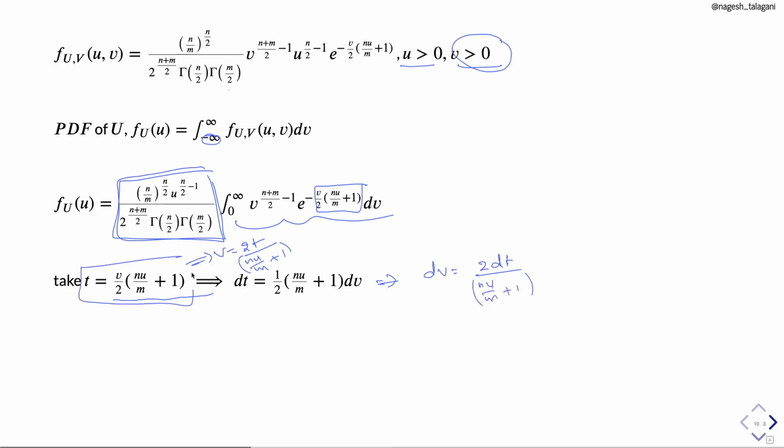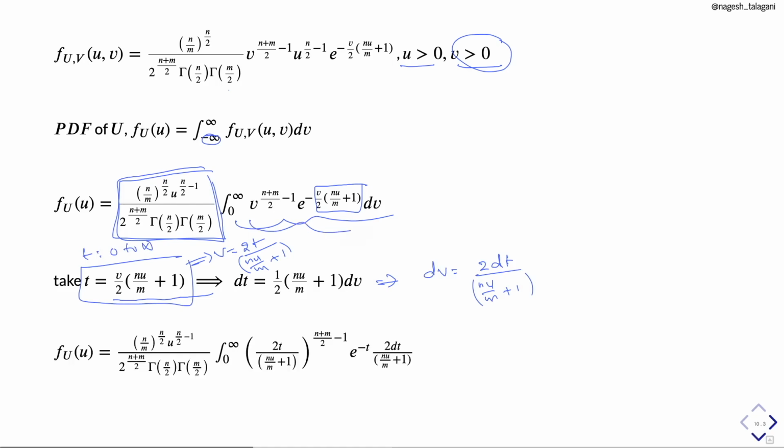With this relation, the t limits are also going to be from 0 to infinity. So now this integral I can write down like this: integral from 0 to infinity, where v is replaced with this, so we have (2t by (nu by m plus 1)) all to the power of (n plus m) by 2 minus 1, and the exponent got replaced by t, so we have e to the power of minus t, and this dv got replaced by 2 dt by (nu by m plus 1).